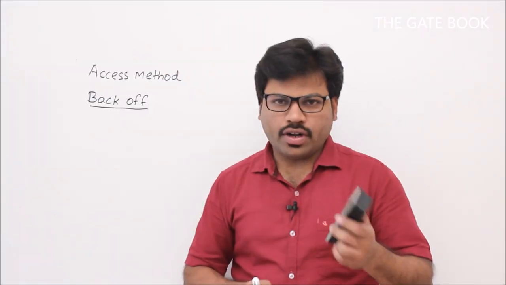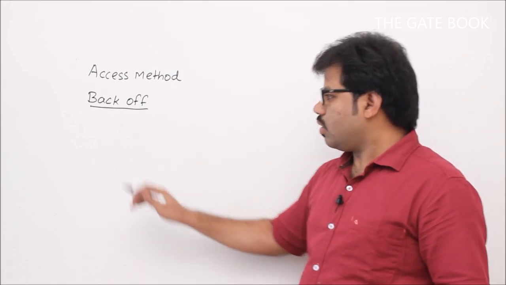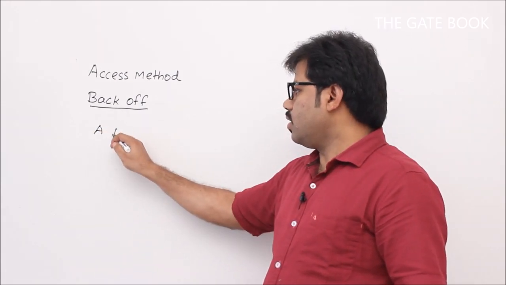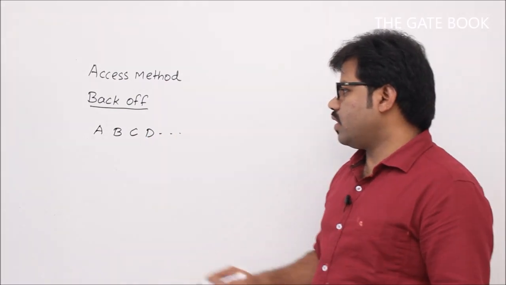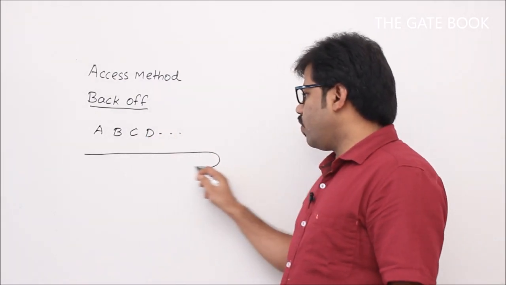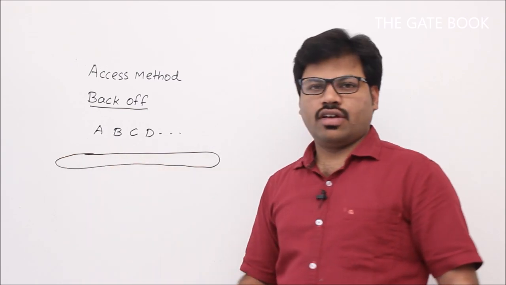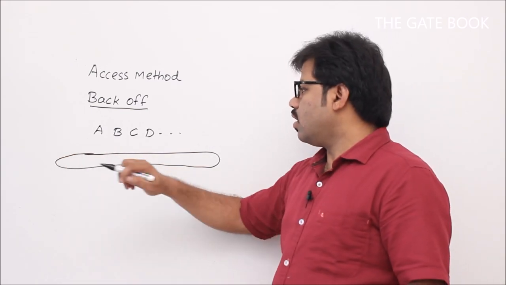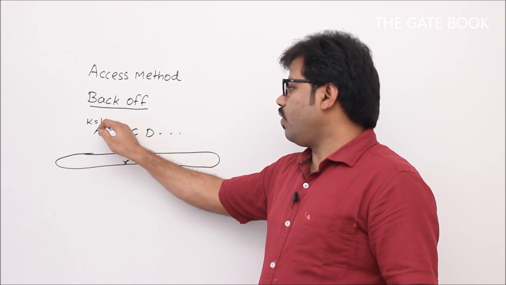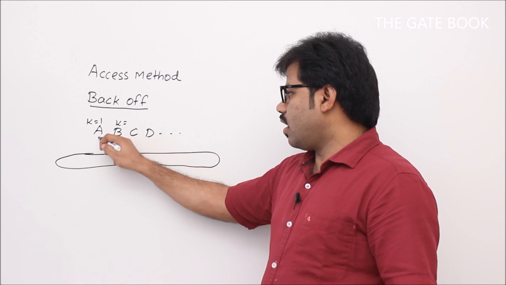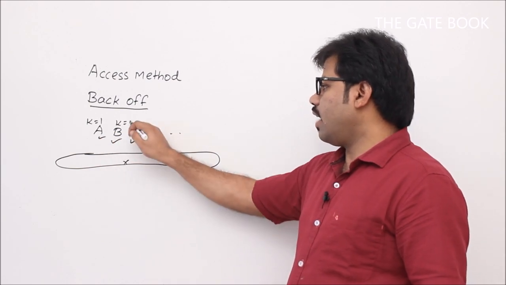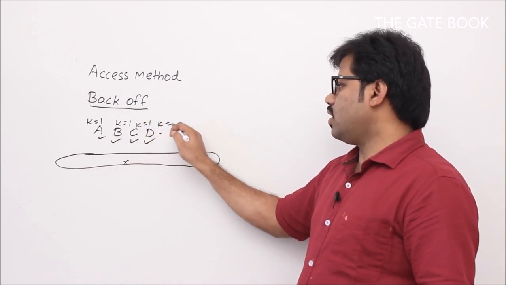One more important point about this backoff algorithm, consider the situation. There are multiple stations. Let's say there are 50 stations and all are trying to acquire the channel, so there is a collision. Whoever is involved in this collision, let's say A, B, C, D, their K values will be incremented by 1, isn't it?